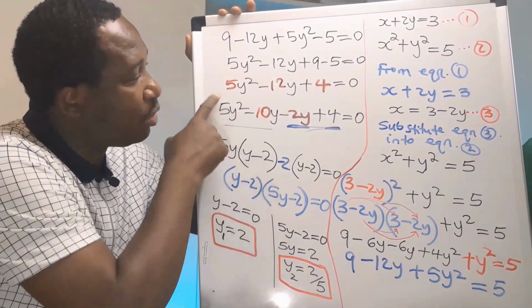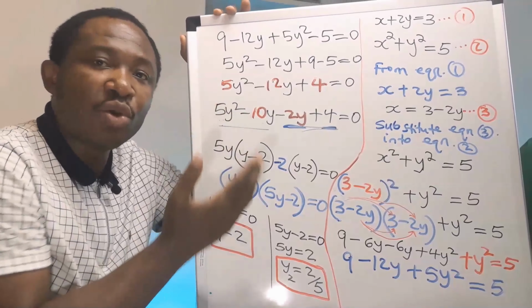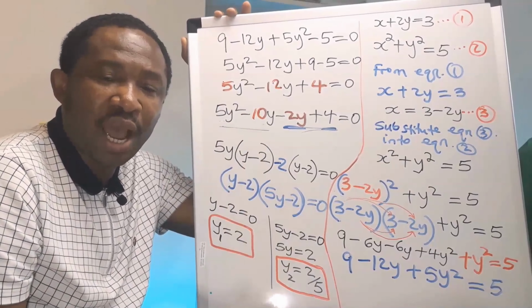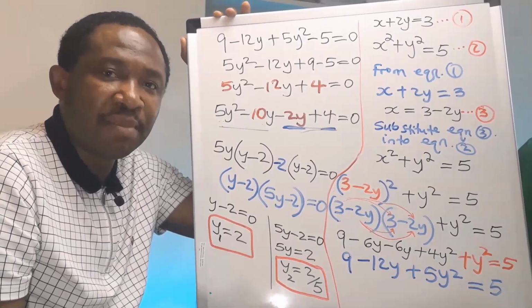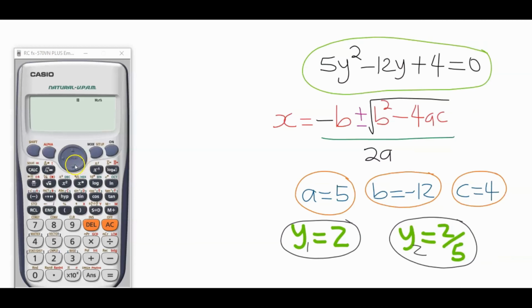Remember, I used the factor method to solve this quadratic equation. You can use the formula method and you are going to get the same answer. To use the formula method of quadratic, we have to divide at the numerator. We're going to have minus b, then plus and minus.